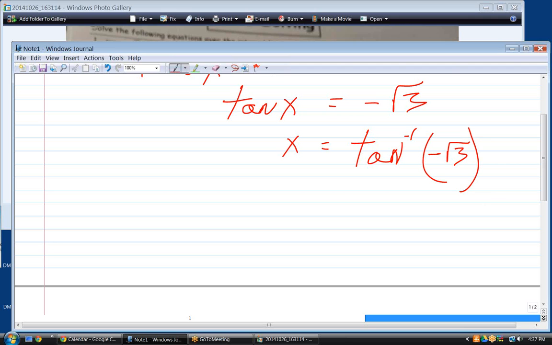So the question is what angle in 0 to 2 pi, remember x can be anywhere from 0 to 2 pi. So what angles in the unit circle is the tangent equal to negative root 3?